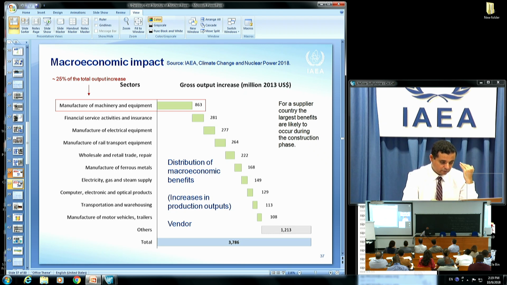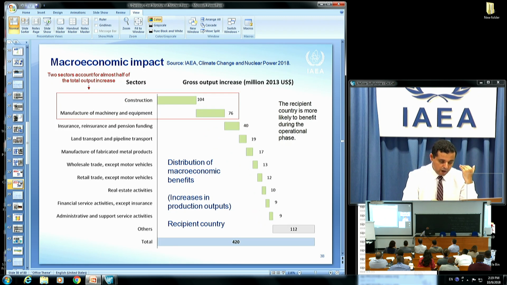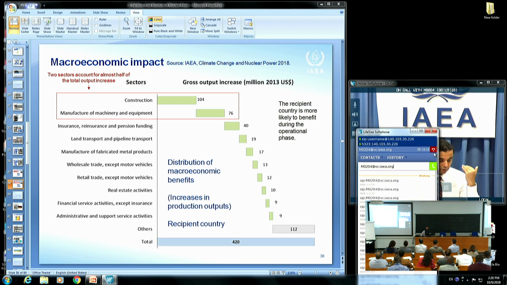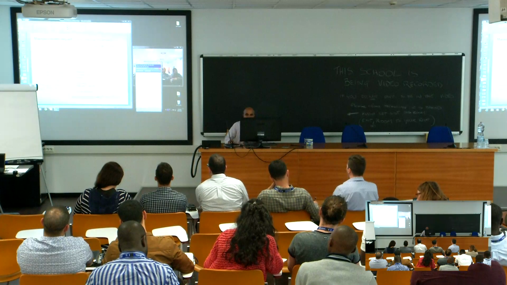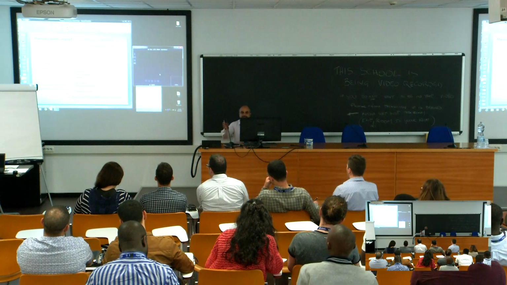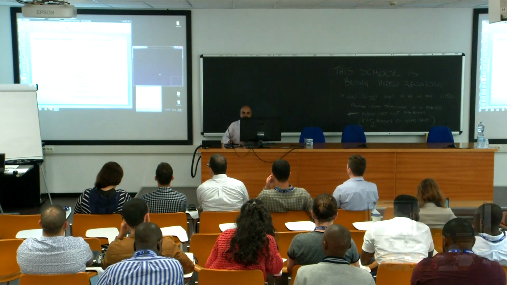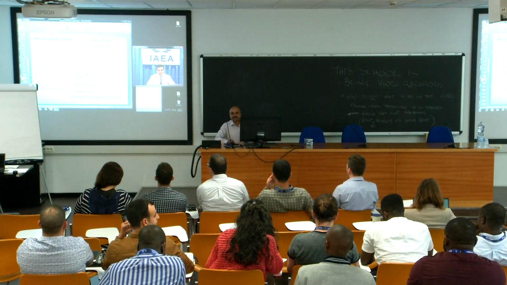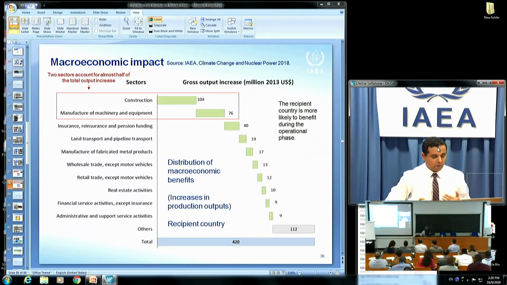If we look at the country that is the recipient of the nuclear technology, this is slide 38, we also have an important economic impact.